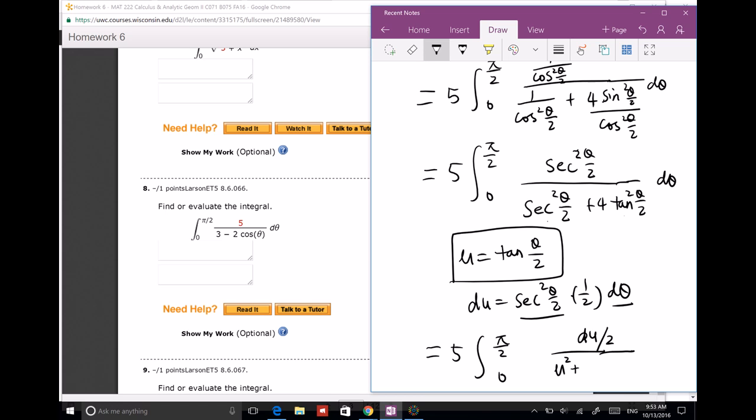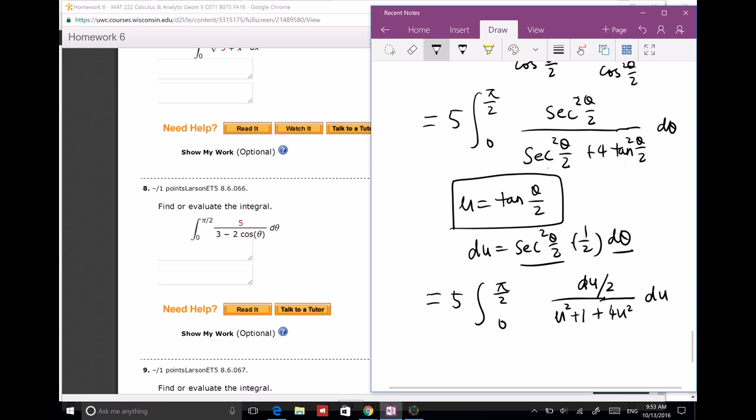So u squared plus 1 plus 4u squared, du. And then you have to change the boundary as well. I forgot to change the boundary. Theta equals 0 gives 0, and theta equals pi over 2 gives tangent of pi over 4, which is 1. So from 0 to 1.